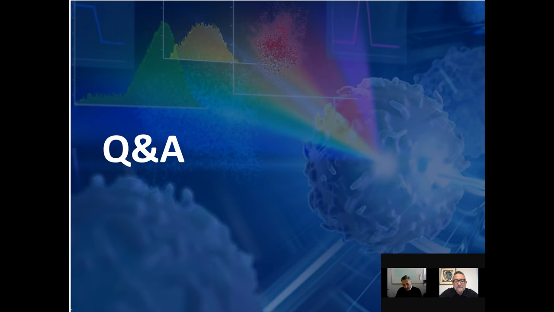Right. So first of all, the fluorescence minus one controls are great to define where the positivity for an antigen is. The one thing we have to keep in mind is that they also tell you if the compensation is correct. So if you have problems with compensation, the FMO control will tell you if it's working or not.